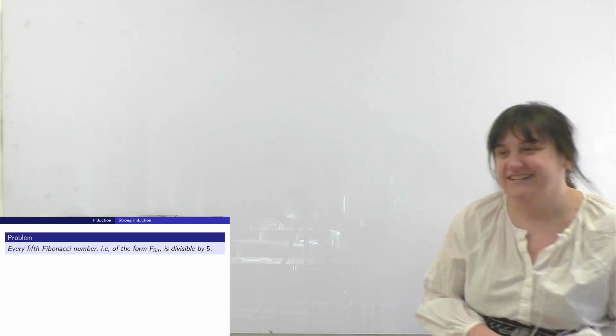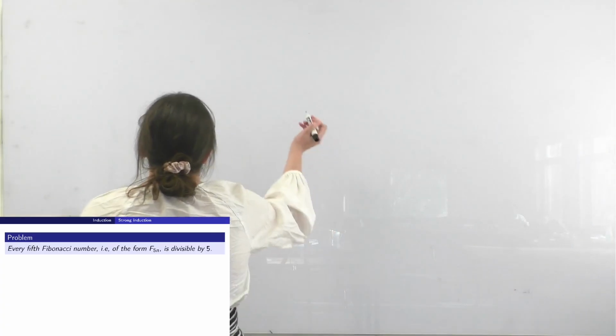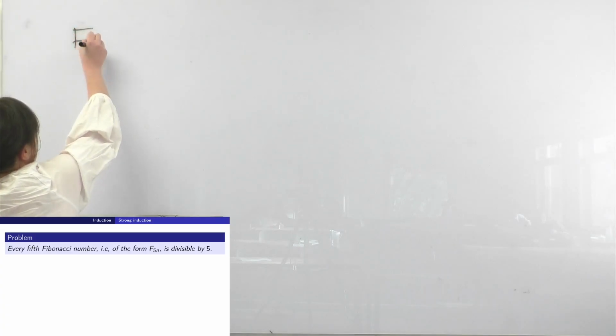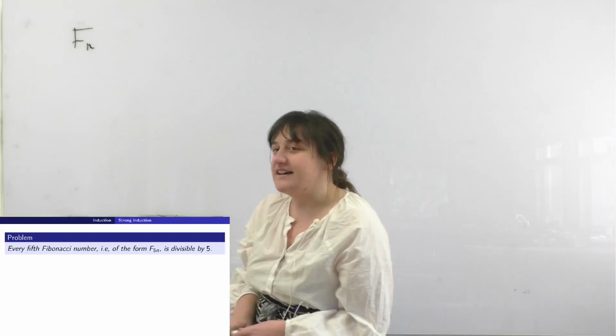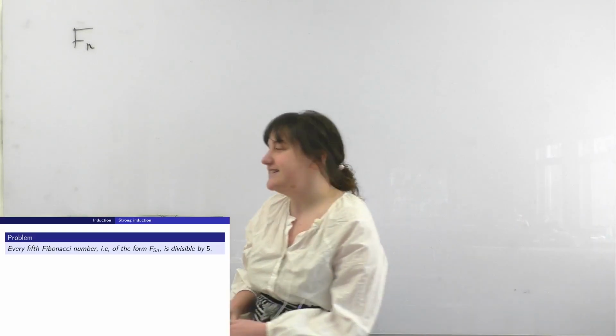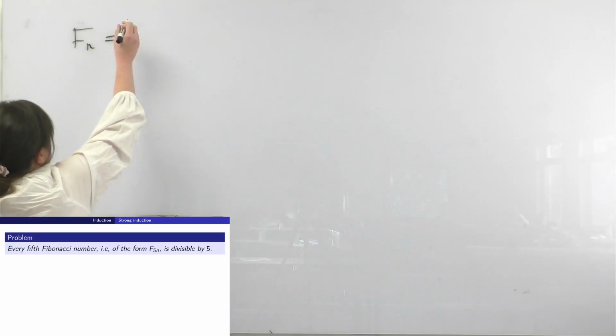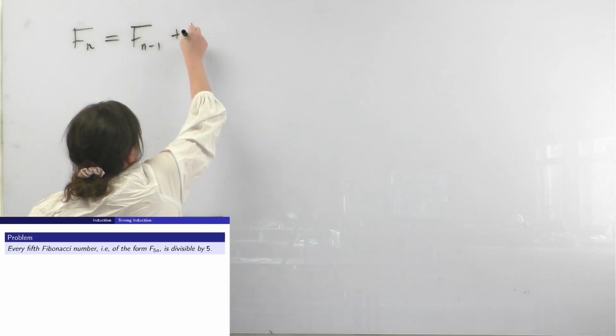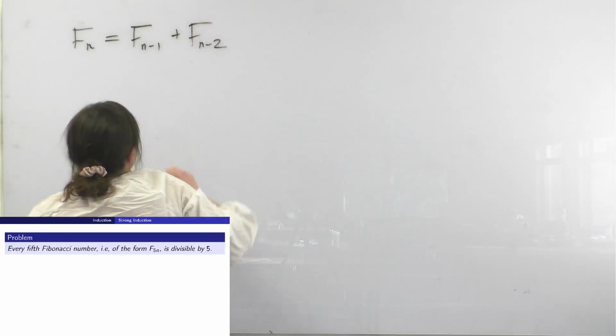Okay, first problem apparently says that every fifth Fibonacci number is divisible by 5. Okay, so Fibonacci numbers. Let's remind ourselves what they are. Fibonacci numbers are everybody's favorite recurrence relation. They obey the relation Fn is Fn minus 1 plus Fn minus 2.